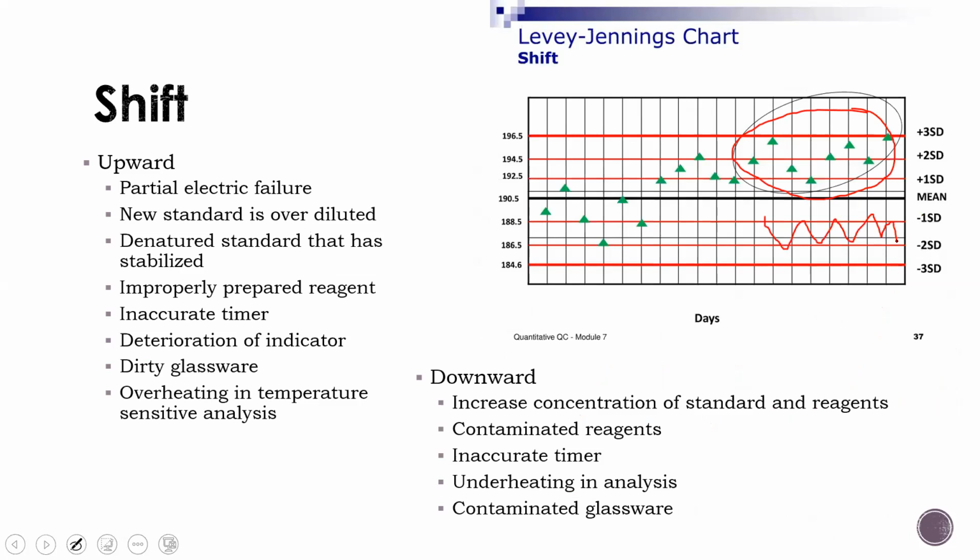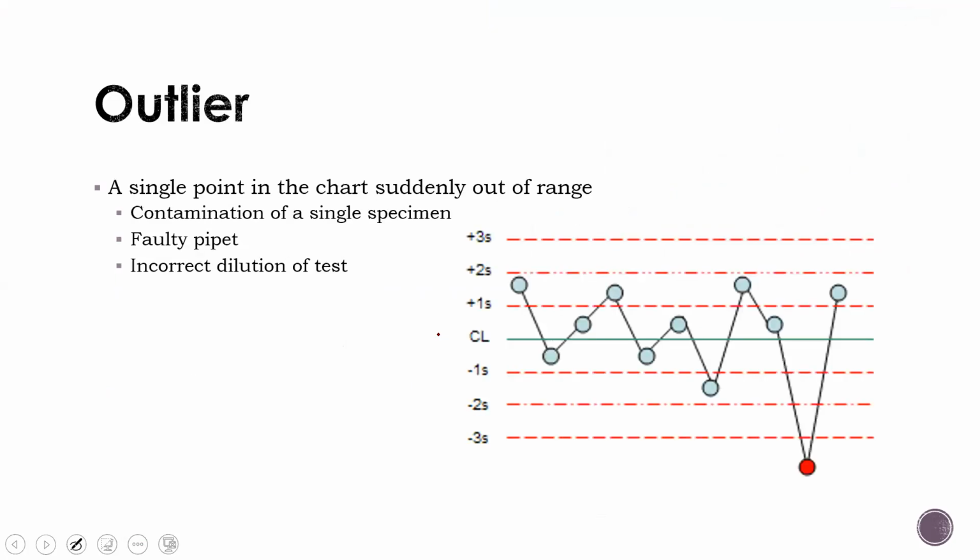So, dapat kasi, kapag maganda ang control natin, it should be crossing the mean. Kaso ito, kapag sinabi mong shift, either yung points natin ay concentrated lang on one side or concentrated lang siya on the upper side. So, here are the reasons kung bakit nagkakaroon tayo ng shift.